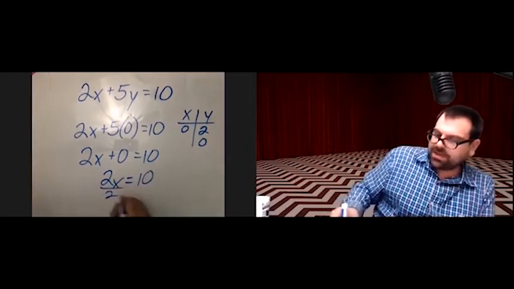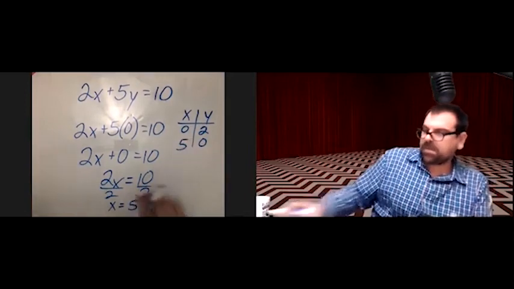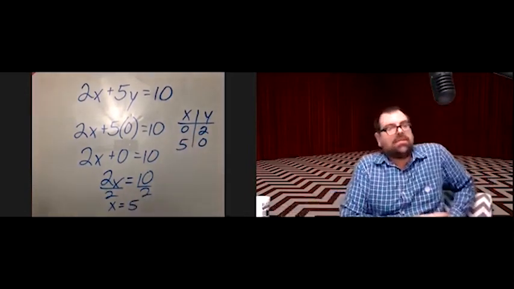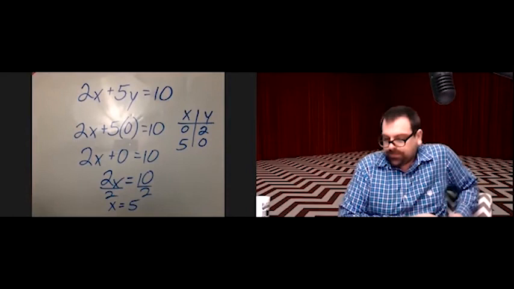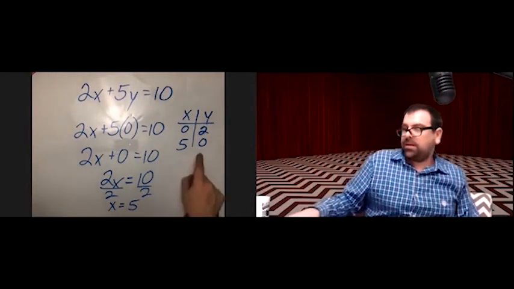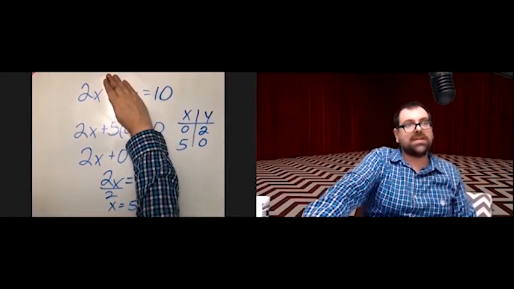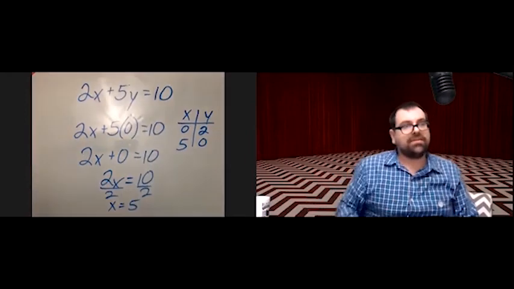Divide both sides by 2. When y is 0, x is 5. Again, cover-up method. When y is 0, so 2x equals 10, x is 5.